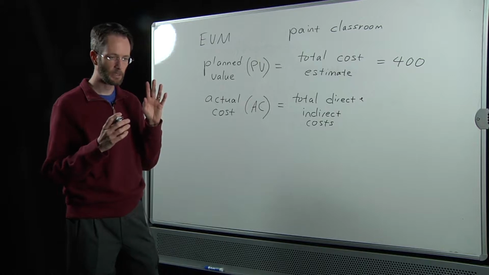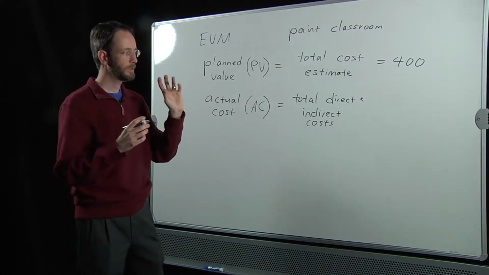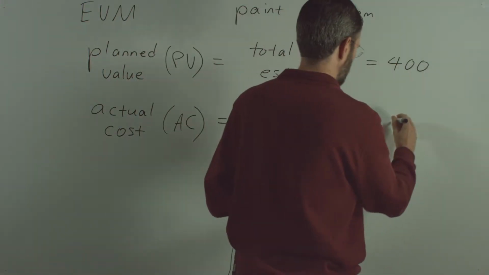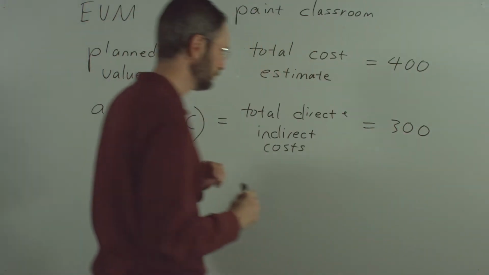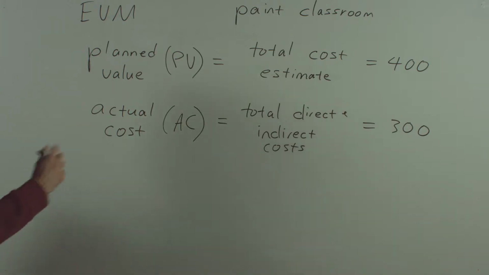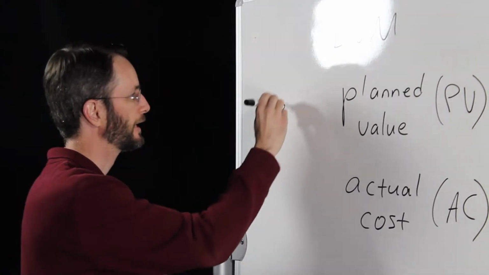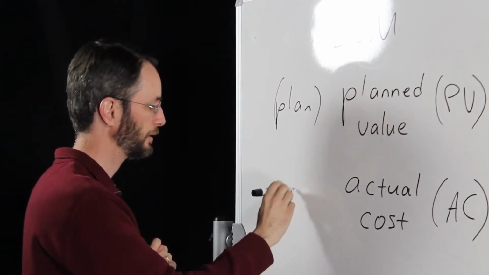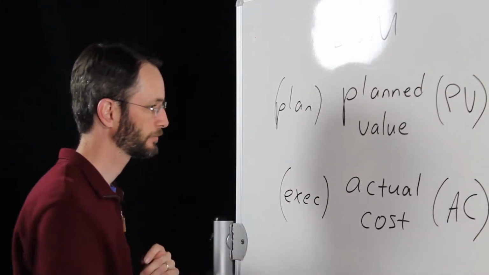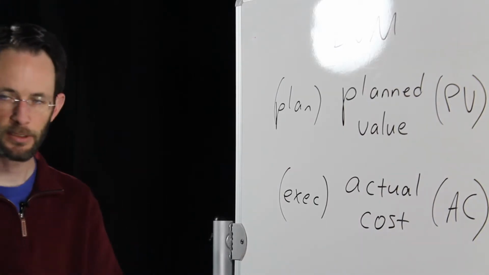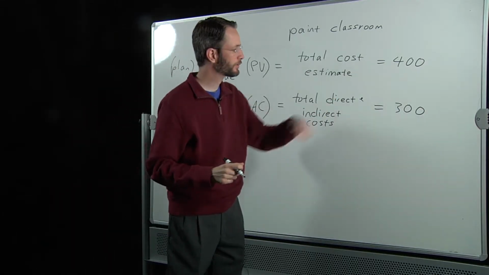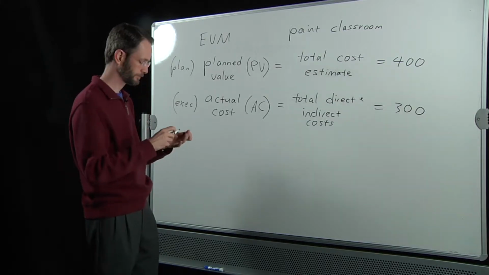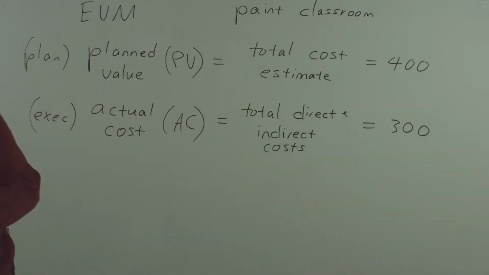Let's pretend that we spent $300 in labor and materials when we actually painted the room. That was our actual cost. So again, just to reiterate, planned value happened during the planning process, and actual cost happens during execution. We have 2 estimates so far. We planned to spend $400, we actually spent only $300. Looks good so far, right?